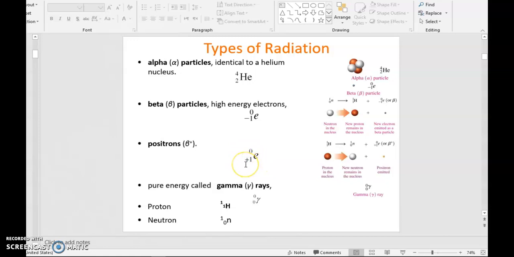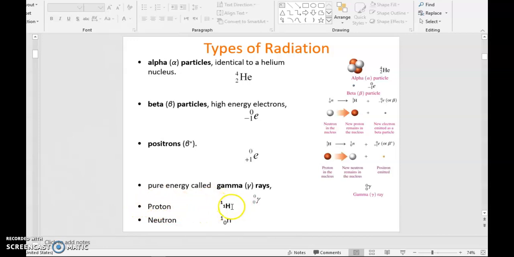And the pure energy is the gamma, and the gamma symbol is basically γ with 0 and 0. It's not Y, but a gamma symbol, and you can just remember it this way. It has 0 mass number and 0 atomic number.